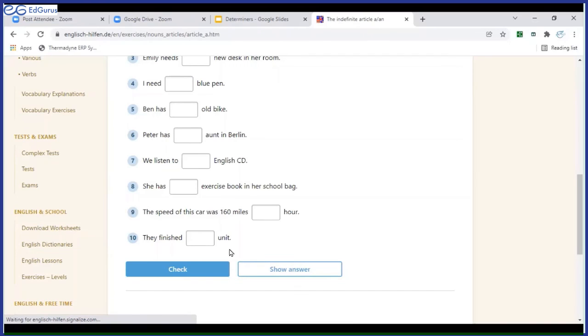An unkempt hair. Is that clear? An unclean dress. An ugly face. Here we are using an. But for unit, a unit, a uniform, a universe, a universal truth. Are you getting this? Yes, ma'am.